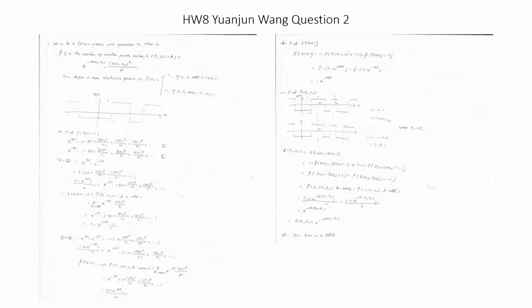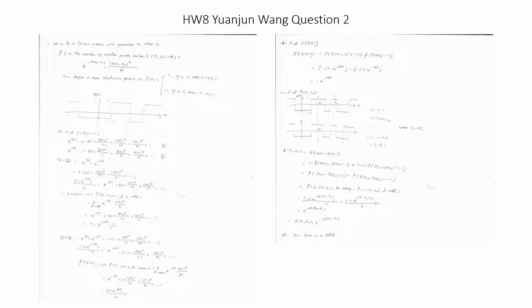Using the first and second equations, we add them together and get that e to the lambda t plus e to the negative lambda t is equal to 2 times (1 plus (lambda t) squared over 2 factorial plus (lambda t) to the fourth over 4 factorial, and so on).